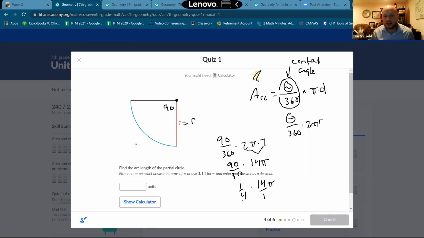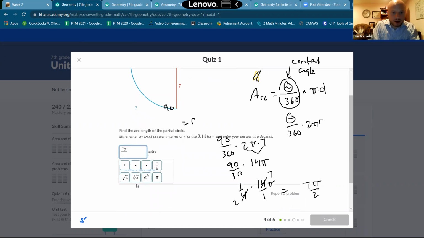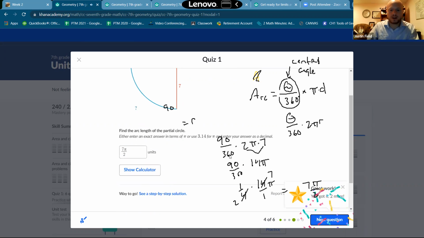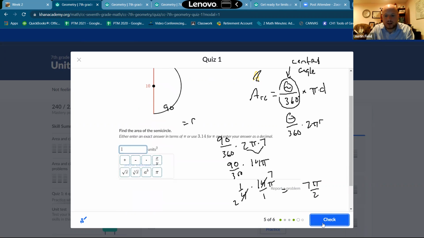That could reduce to 7 and 2, so that would be 7 pi over 2. Another exact answer, and it says I could use the exact answer. So 7 pi over 2. Ta-da! All right, area of the semicircle, you can do that.